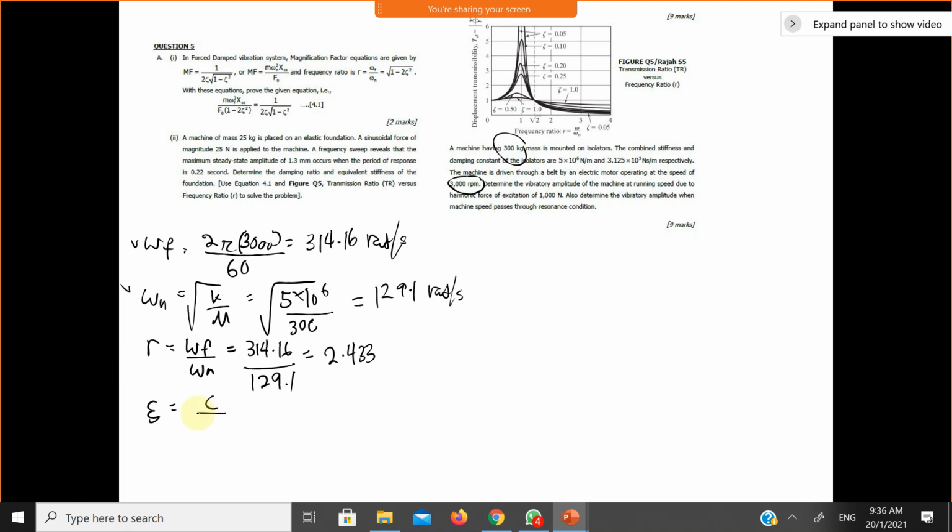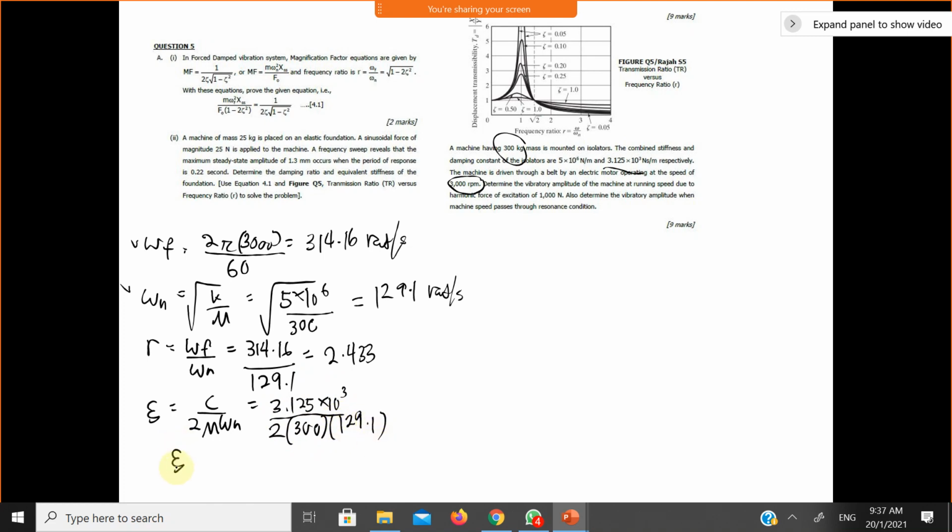And then find zeta. So C over 2 m omega n. This is our C: 3.125 times 10 to the power of 3 over 2 times m, which is 300, times omega n, 129.1.